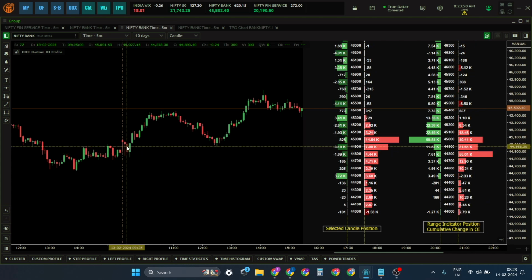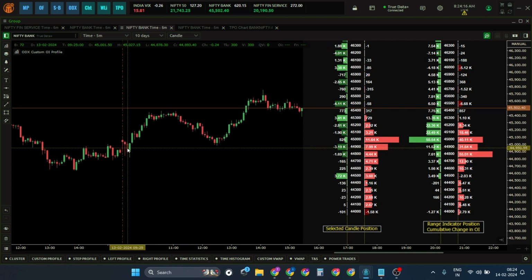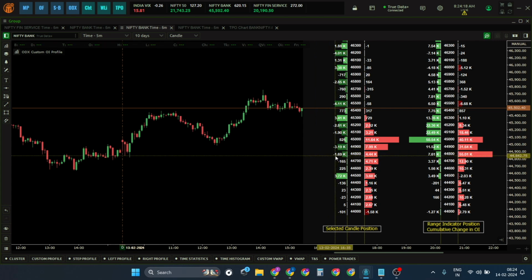Let's switch to the third candle. After switching to the third candle, you can clearly see that the majority of the activity has shifted to the put side. That means put writers are taking control. How can you say that? At 44,800, in this third candle, almost 1.69k, say 1,700 in round figures, positions are covered on the call side.